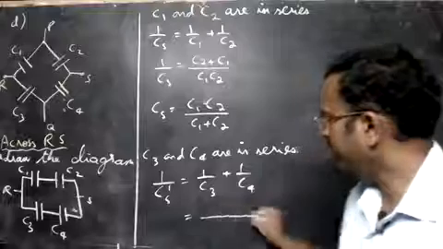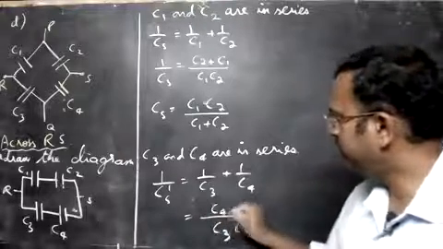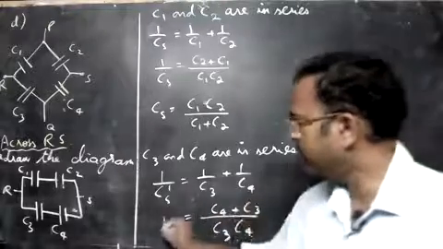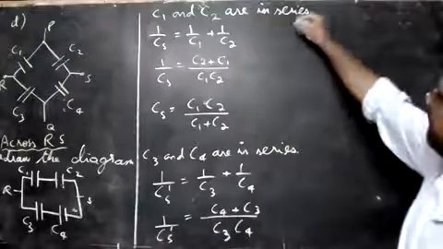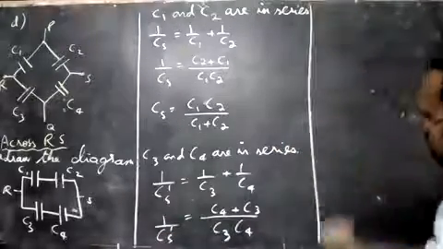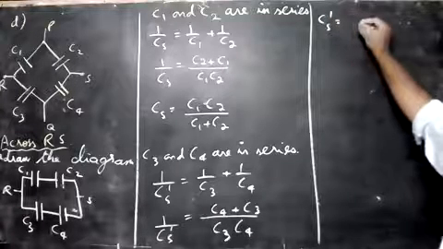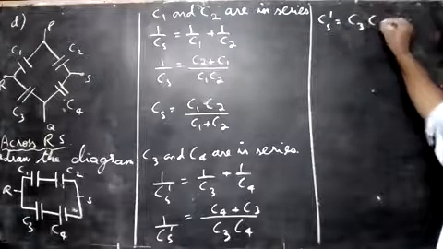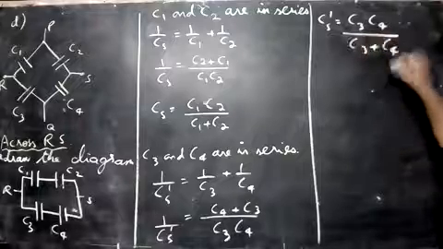Take LCM, it will be C3 C4 and here C4 plus C3. This gives 1 by CS dash. Take reciprocal, write this side. We get CS dash is equal to C3 C4 divided by C3 plus C4.